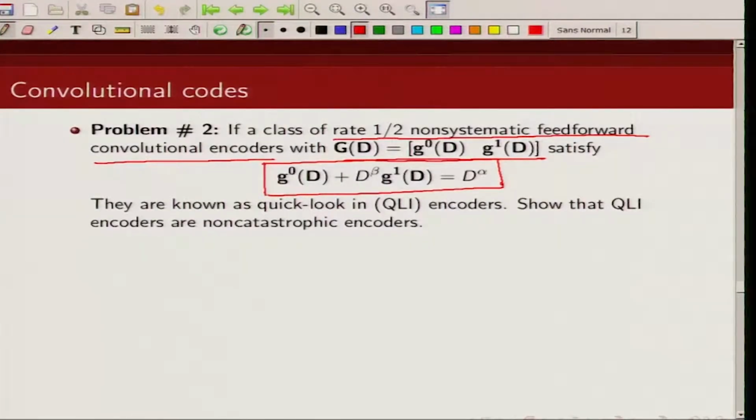So, what is this property? It says G0D plus some delay, that is beta greater than or equal to 0, of G1D is given by d alpha, where alpha is also something greater than or equal to 0.